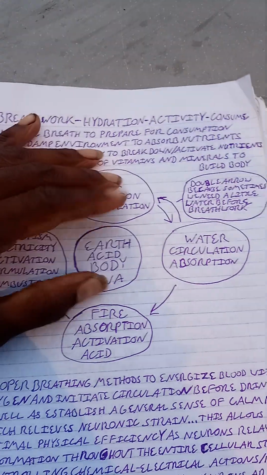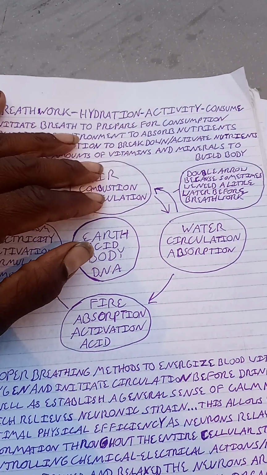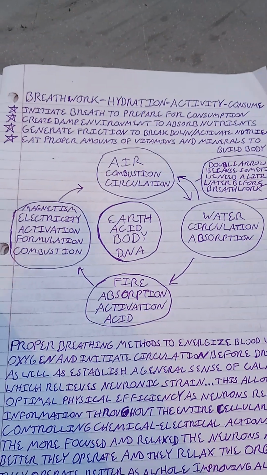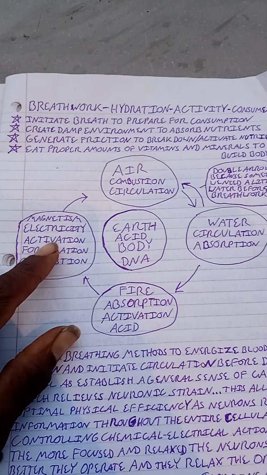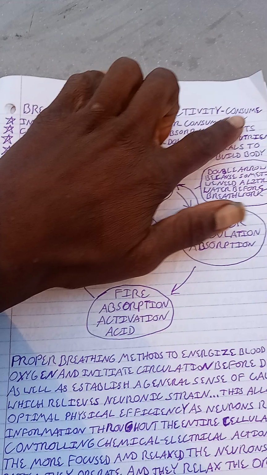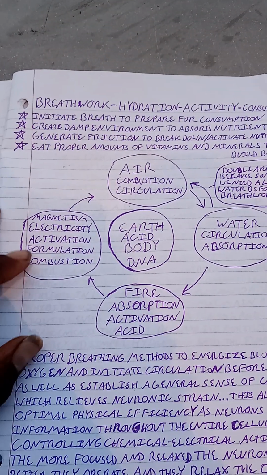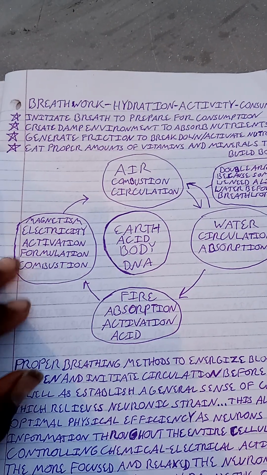And then you usually will start off here with air, combustion, and circulation. However, in irony, we may sometimes start off here, which is what the consumption part is about, and it's magnetism, electricity, activation, formulation, and combustion.